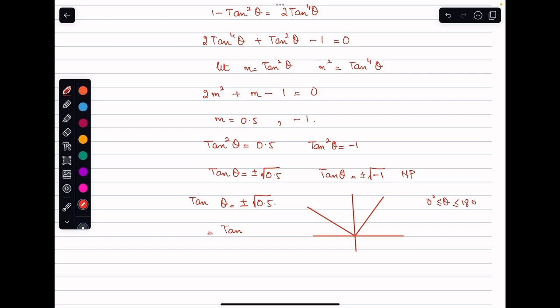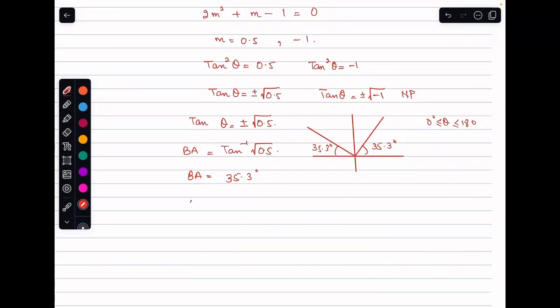So the basic angle here is tan inverse square root of 0.5, and this basic angle comes out to be 35.3 degrees. That means this value here is 35.3 degrees. This value here is also 35.3 degrees.